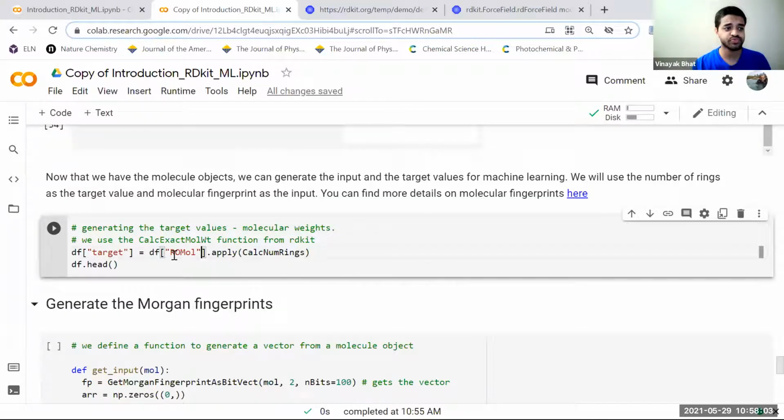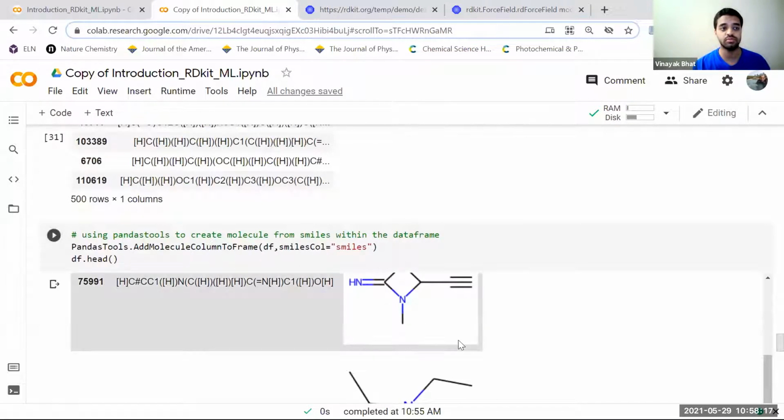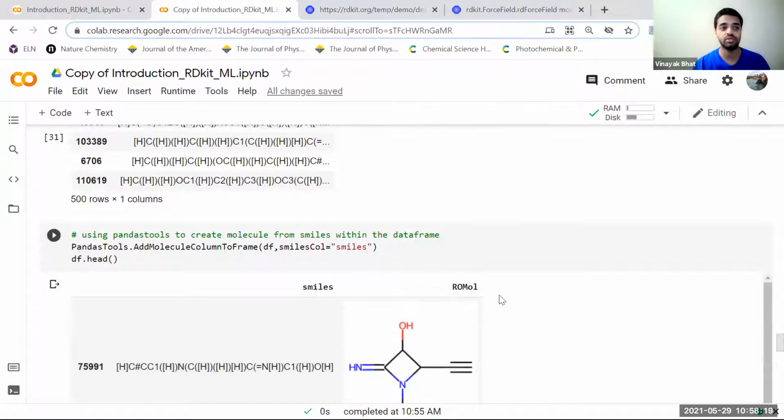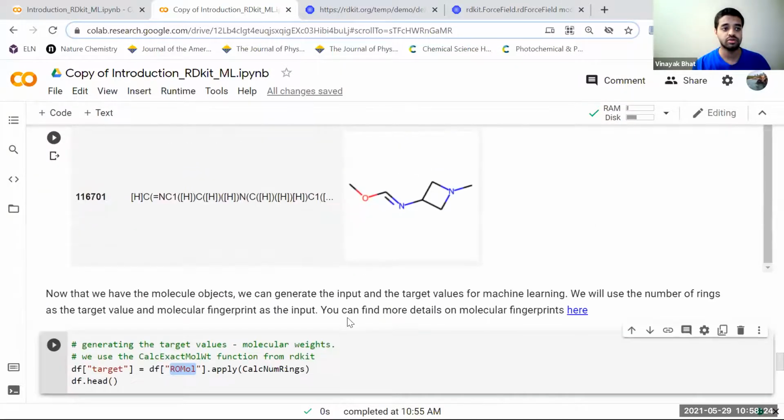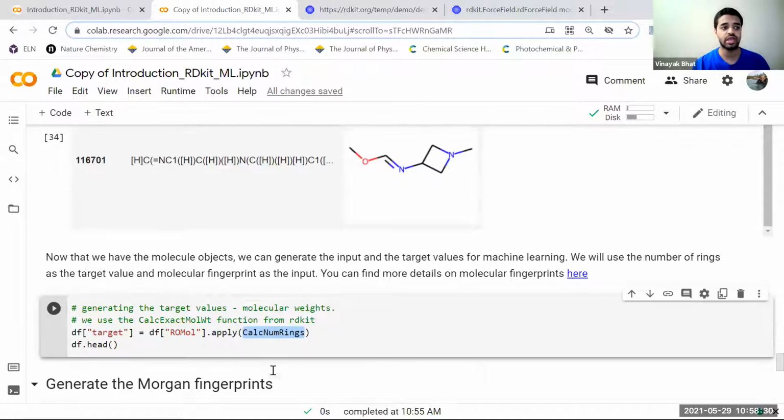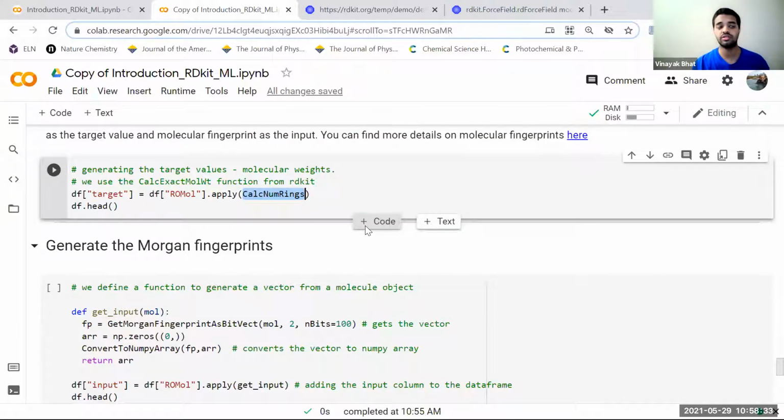So first, let's add a column called target. The data frame target will be the data frame of our mole, and our mole is the column that we generated earlier. For each our mole entry that we have, we'll apply calculate number of rings. Calculate number of rings is something like calculate molecular mass or compute volume that we used.